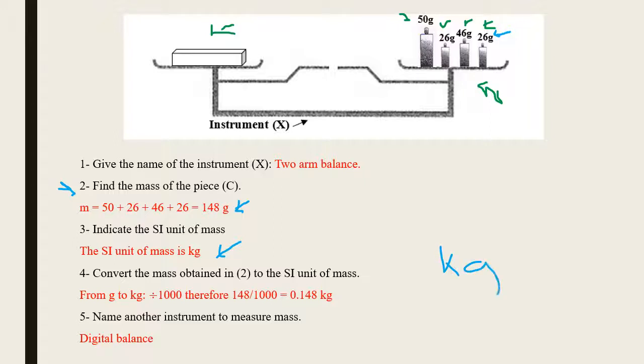From grams to kilograms, we divide by 1,000, therefore we take 148, the answer that we obtained, and divide it by 1,000, so it's 0.148 kilograms.